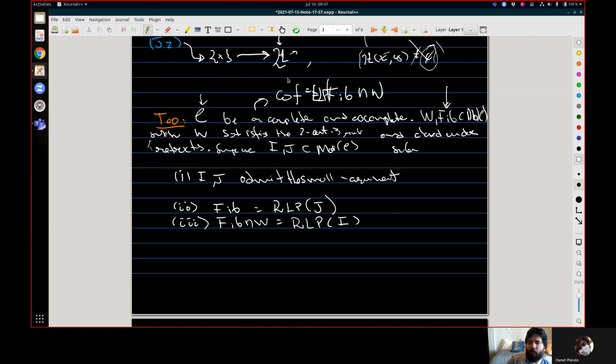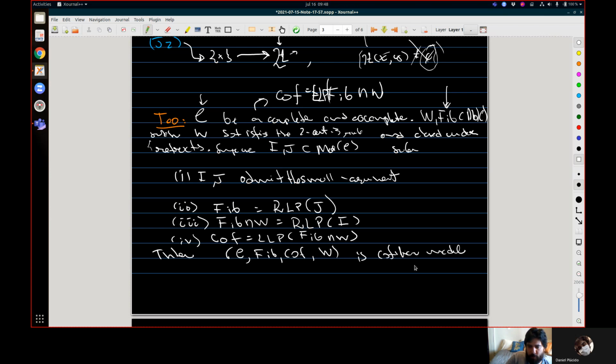So, and that cofibrations equals LLP of, then C Phi cof W is a cofibrantly generated model category. In which, of course, the generating cofibrations are I and J.